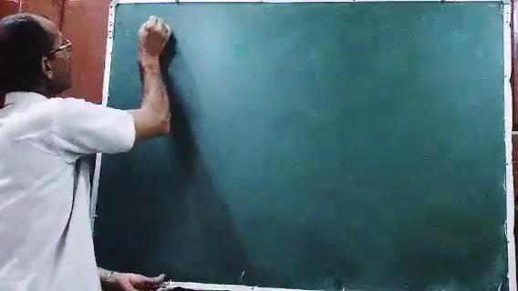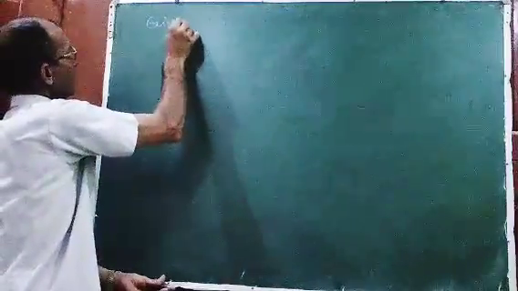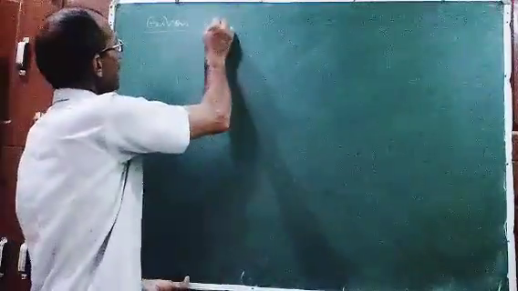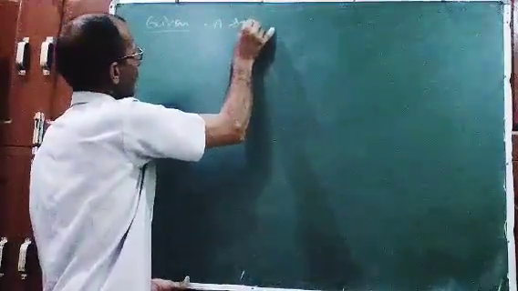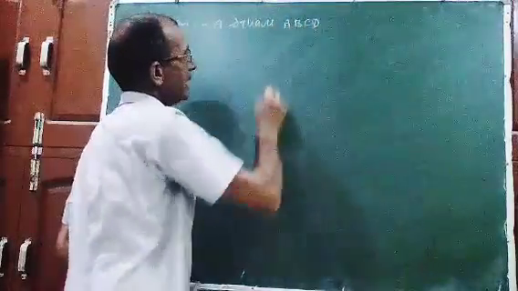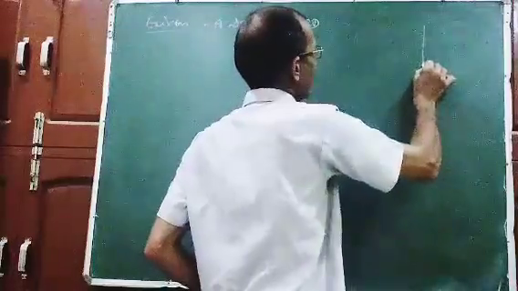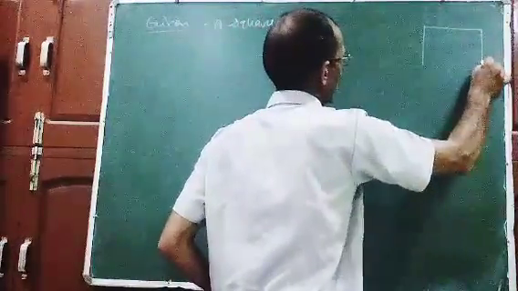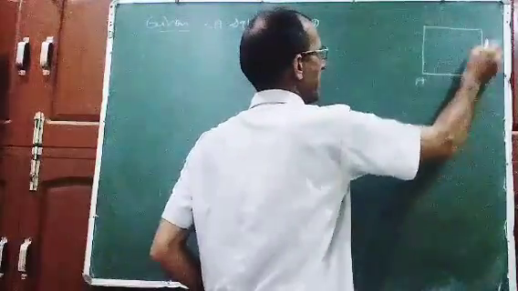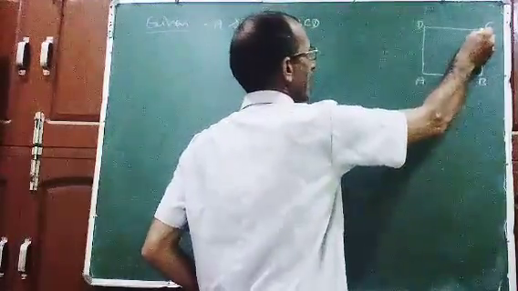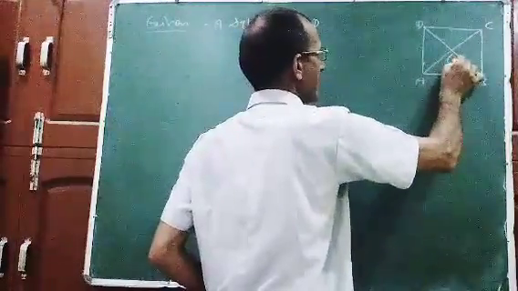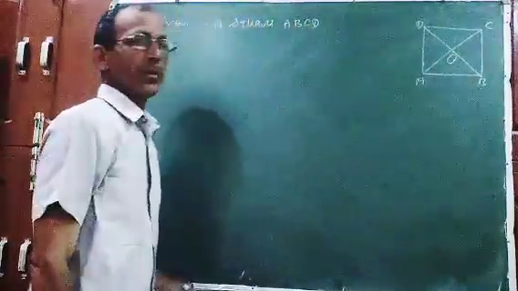Given: a square ABCD. This is a square, with vertices A, B, C, D. AC and BD are the diagonals which are intersecting at O. What is given?